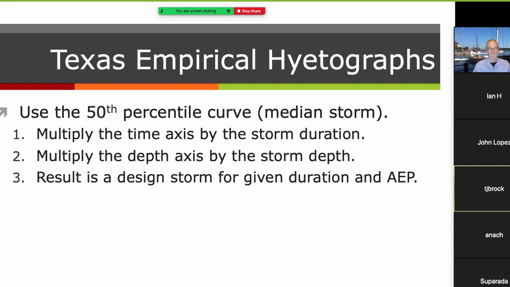Mostly the 50th percentile was thought by the authors to reflect meaningful conditions and also capture that storms in Texas tend to be front-loaded. So there tends to be an initial intense part of a storm and then a less intense latter part of the storm.